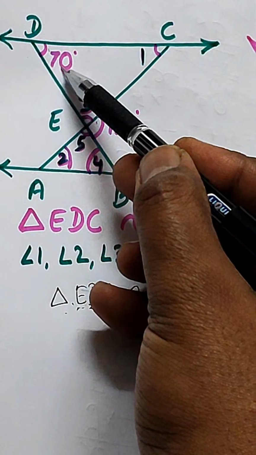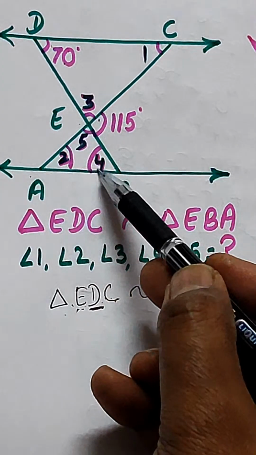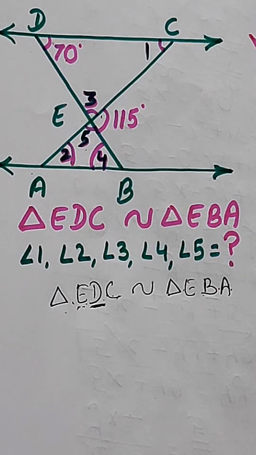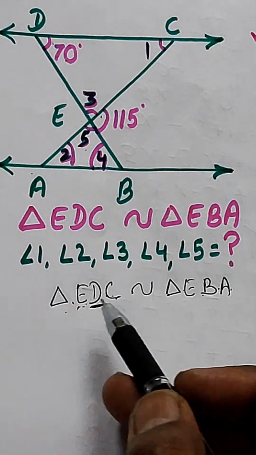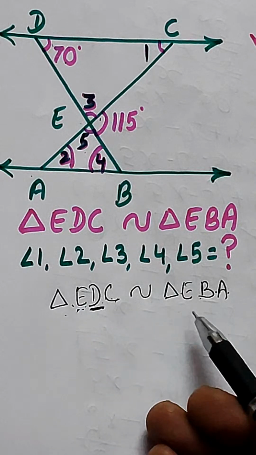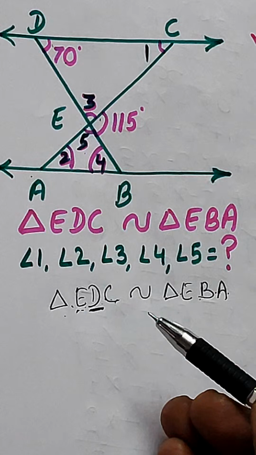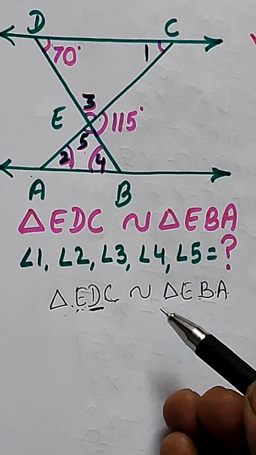EDC is 70 degrees, so EBA, that is angle 4, will also be equal to 70 degrees, but we will prove it separately. Since two triangles are similar, we can say the corresponding angles are equal, because for similar triangles all corresponding angles are equal.